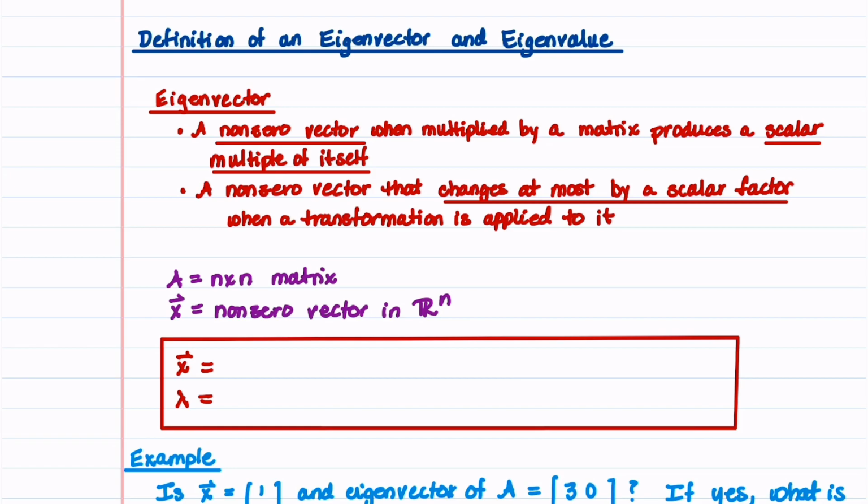If A is an n by n matrix and x is a non-zero vector in Rn, we can say that x is an eigenvector of A if A times x is equal to lambda x for some scalar lambda.